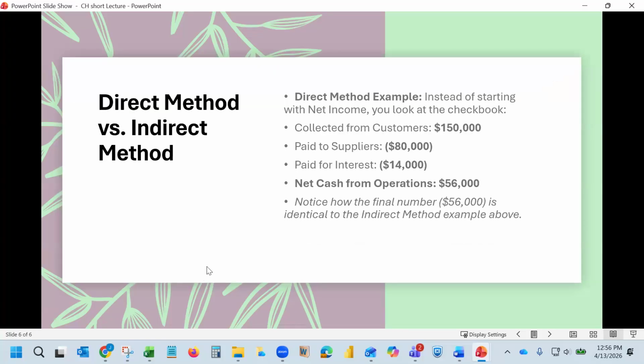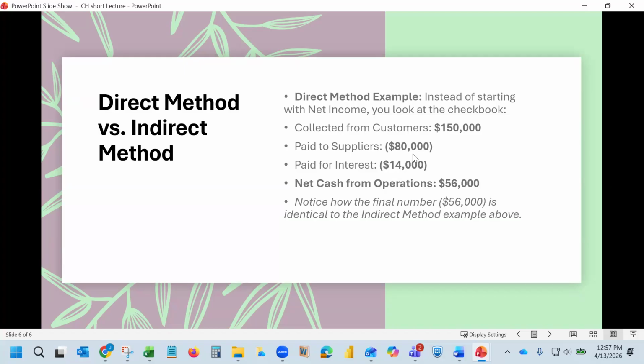So using the direct method, as I mentioned earlier, is relatively more straightforward. Basically, you look at the cash collected from customers, $150,000, minus the cash paid to suppliers and paid for interest, which could be interest paid on loans you have to operate the business.